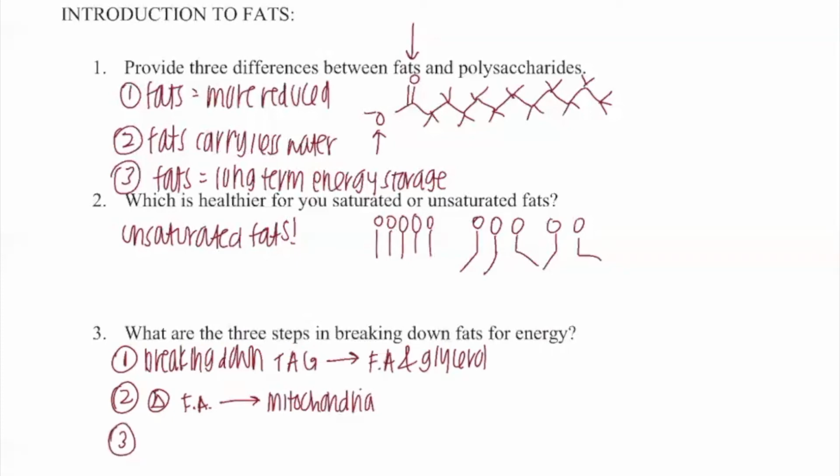And our third step is going to be taking these fatty acids that have just entered the mitochondria and oxidizing them, which ultimately results in the formation of energy. So we're going to oxidize these fatty acids to make ATP.